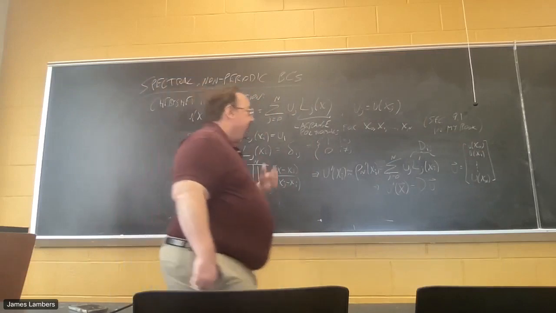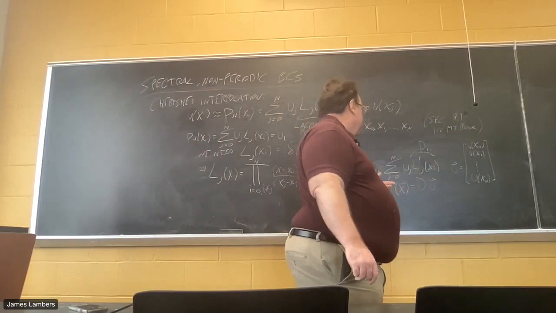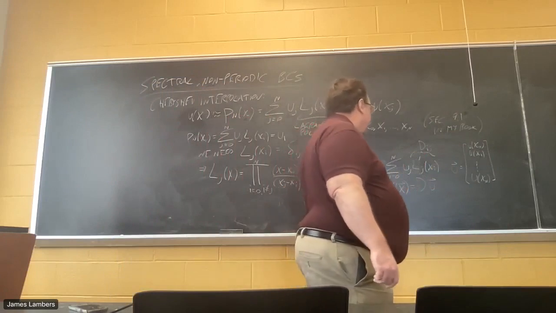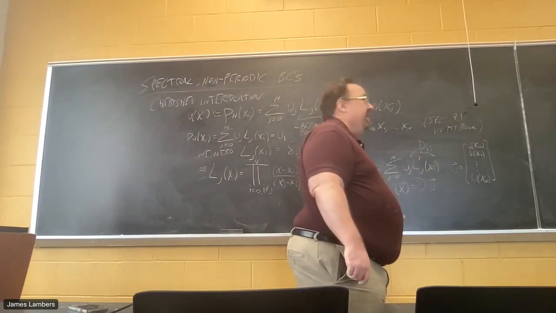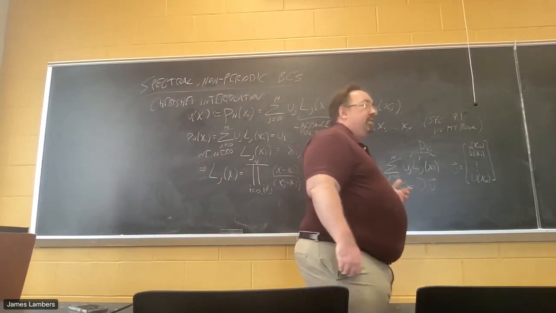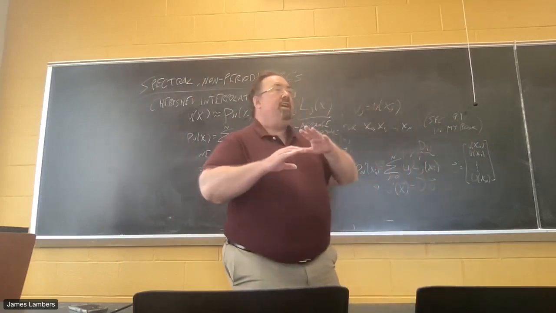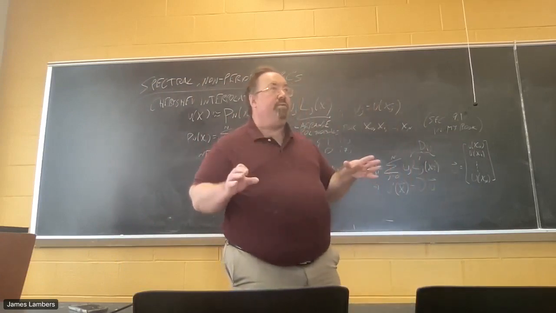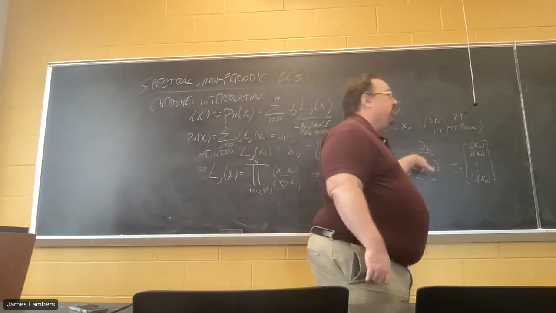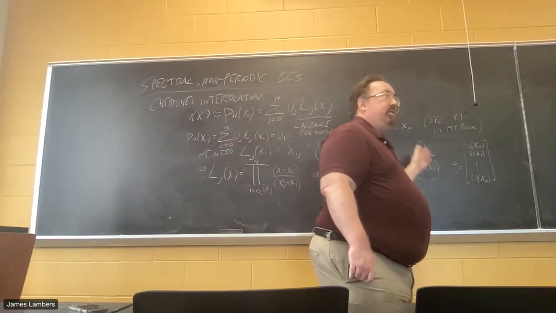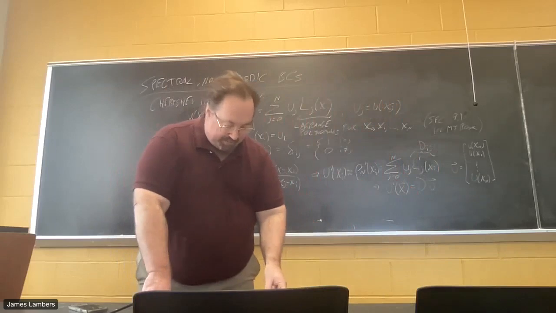If you're trying to express a derivative or an integral of a function in terms of the values of that function at select points, as a linear combination of them, the way you figure out the linear combination you need is to solve whatever problem it is, an integral over a to b or a derivative at a certain point, for the Lagrange polynomials. That gets you your linear combination.